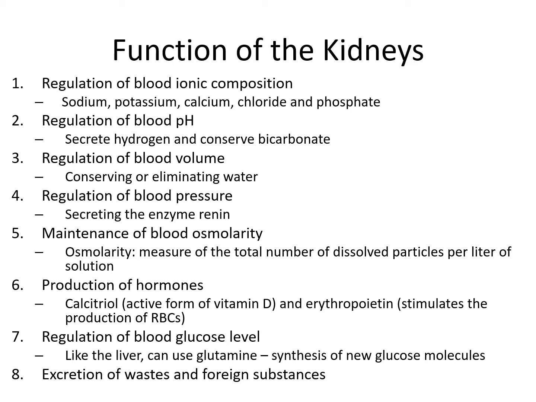It's very important. We are also going to regulate the pH of your blood, and this is by secreting hydrogen or conserving bicarbonate in order to make it more acidic or more basic. We are going to regulate our blood volume. This is by conserving or eliminating water. By adding more water or allowing more water to stay, you increase your blood volume.